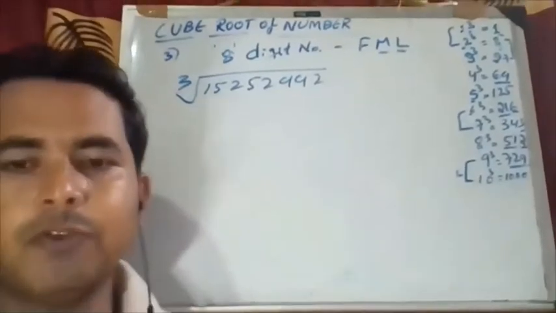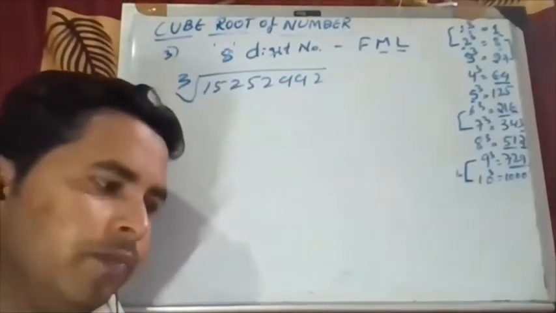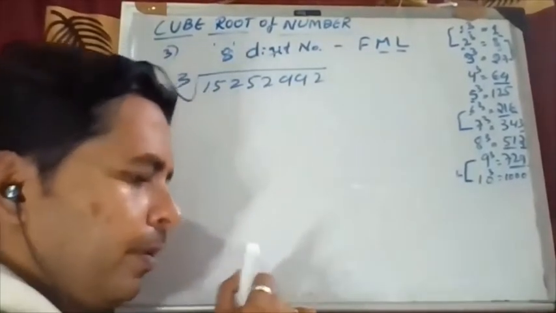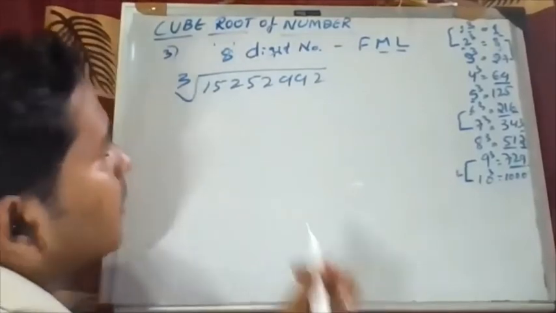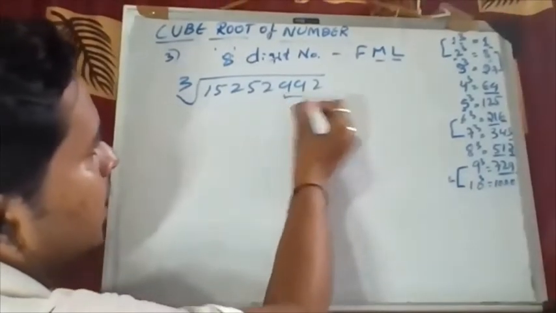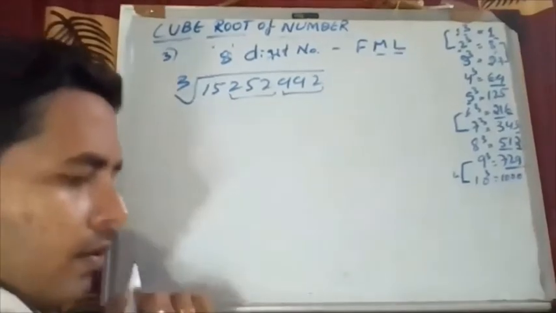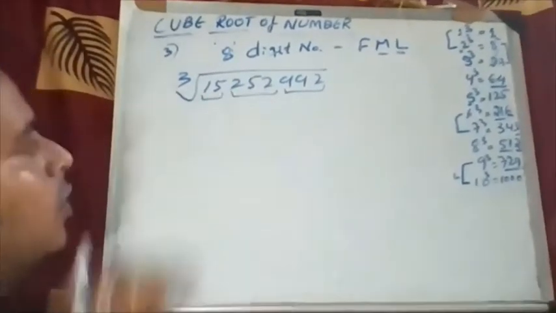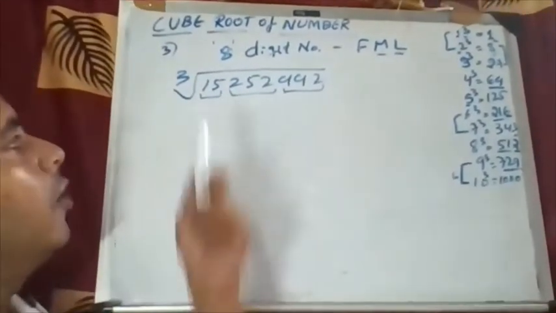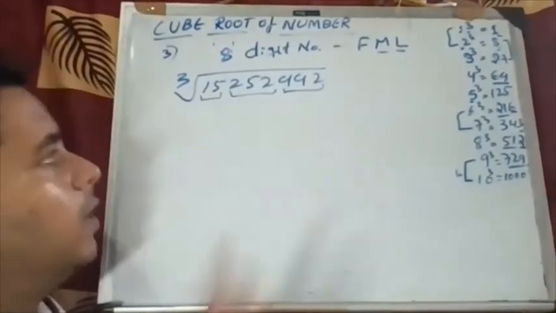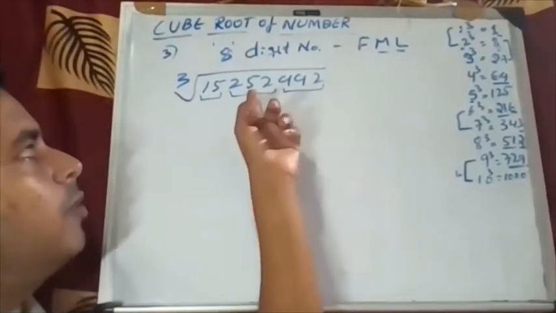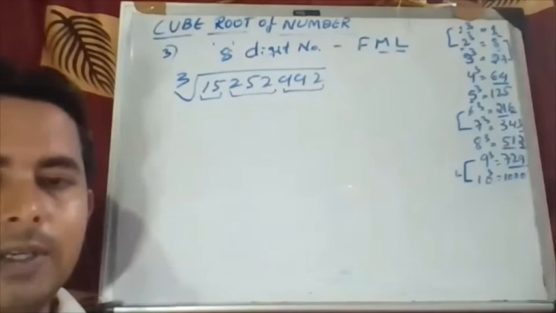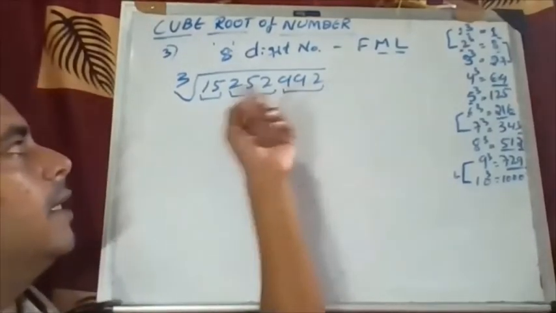Now what you have to do? Again make a group of 3 3 same. If I make this 3 3, okay, so here you will get a 2 value. So previous I got a 1, now here you got a 2. So this is a group of 3, 3 and 2.